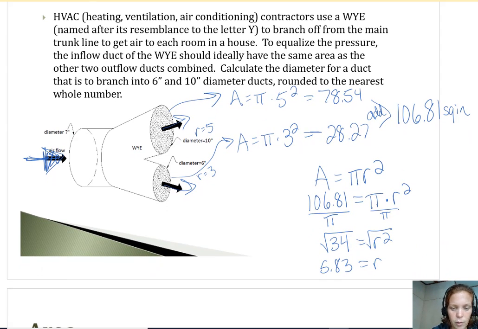So if the radius is 5.83, if we double that, diameter is 11.66 inches, or it's going to be about right around 11 and 11/16, if that diameter existed. Maybe we'd have to go up actually to 3/4, unless we can make it really precise. Okay, so that one was a little more challenging, but definitely doable with our algebra skills.